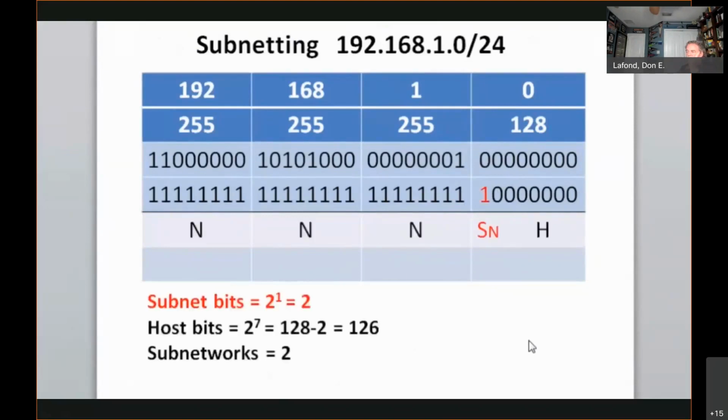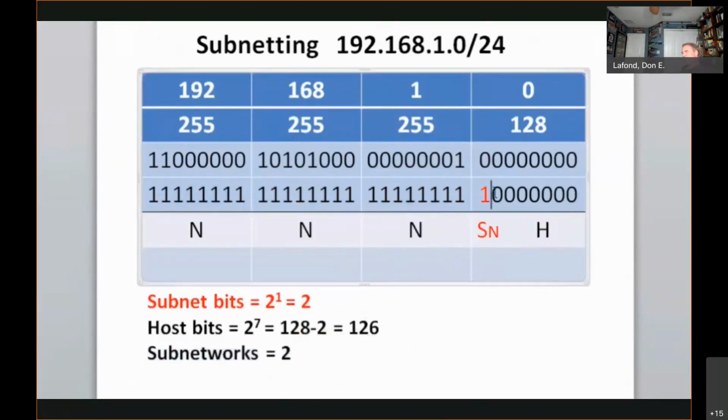So starting from a /24, we now have borrowed 1 bit from the host portion. We call this 1 bit a subnet bit. If we look at it from the perspective that we started with /24, we've added 1 bit. So we could say that subnet bits, we now have 1 bit or 2 to the first power, creating 2 subnetworks.